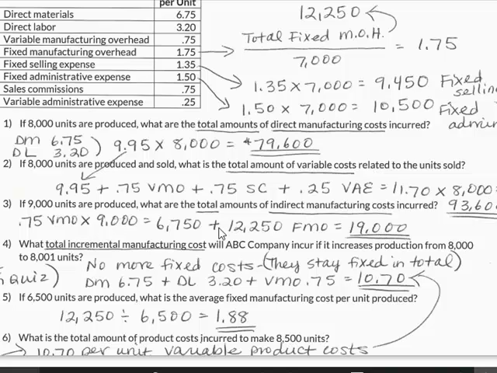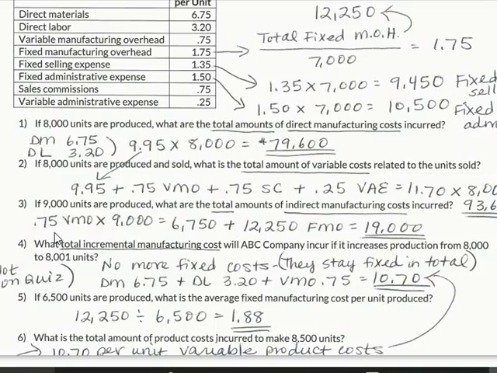A common mistake is to take the 75 cents in variable manufacturing overhead and add the $1.75 in fixed overhead and then multiply by 9,000 units. But that would be wrong because we have to remember the $1.75 up here in the table was based upon 7,000 units being manufactured and sold.